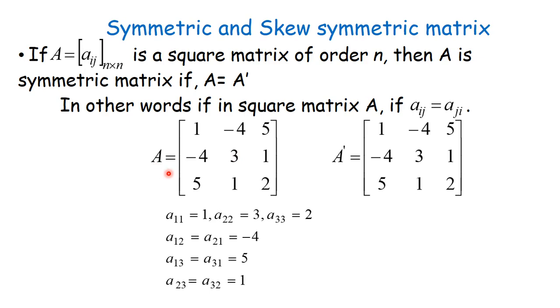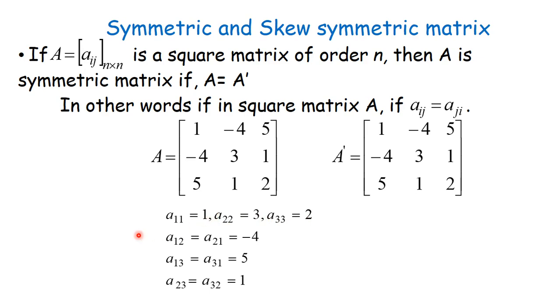Or I can say that if I see the elements Aij and Aji, whether the elements Aij and Aji are equal in this matrix. Yes, of course. A11 is 1, A22 is 3, A33 is 2.